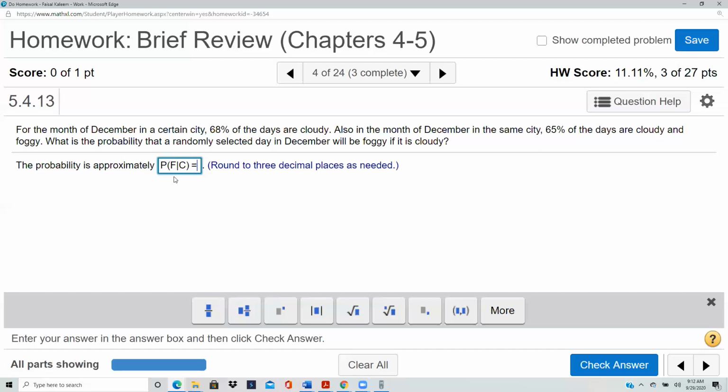Would it be the P and then F and C? Right, P, F, and C, divided by. I don't have what's under it. So you always divide it by what is after this given symbol.